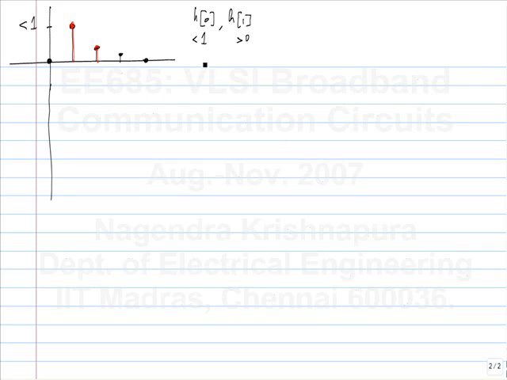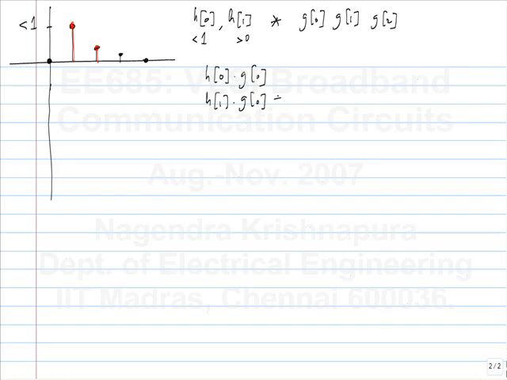And let's say we convolve this with a 3-tap equalizer. Responses are G0, G1, G2. What are the resulting taps? What is the first one? H0 G0. The next one? H1 G0 plus H0 G1.